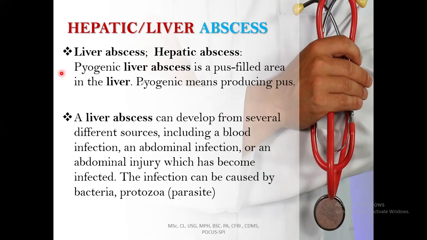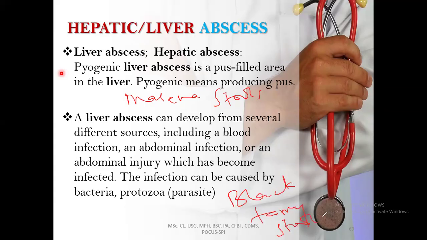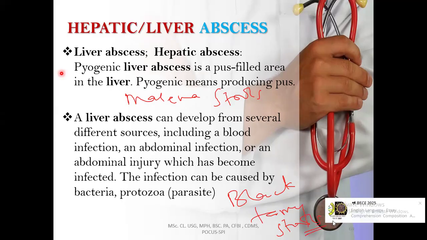One thing that will help you to know somebody is bleeding from the upper GIT, the upper digestive system, is melena stools. Melena stools, that is black, tarry stools. That means that you bled at the upper part, the stomach, the esophagus.